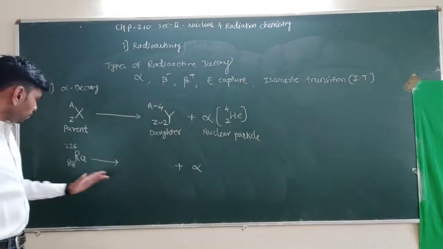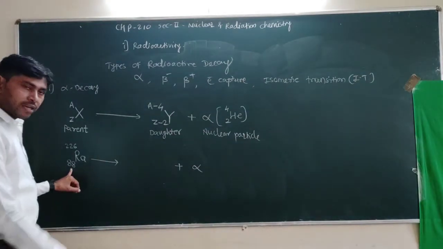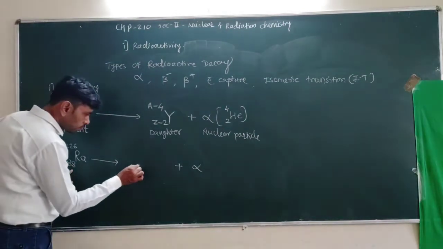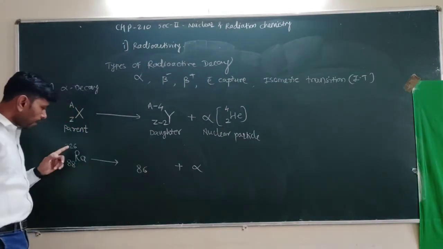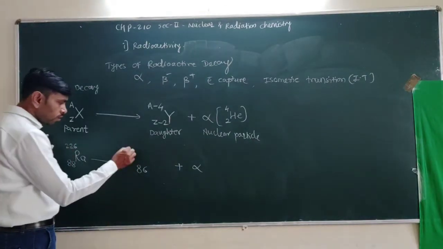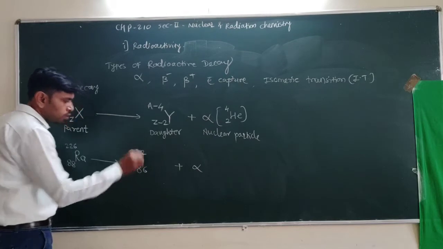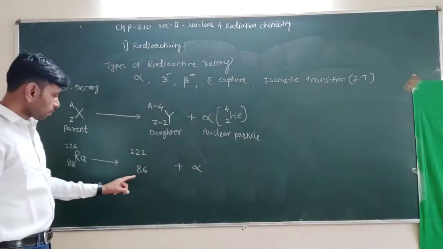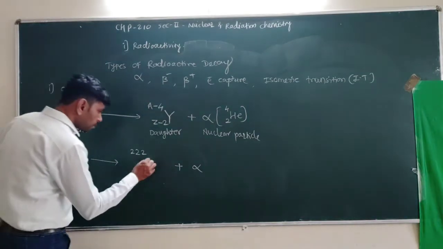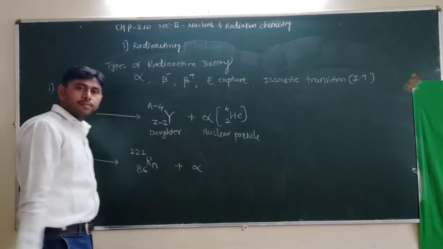That element has atomic number reduced by 2 units, so 86, and mass number reduced by 4 units, so 226 minus 4, 222. So the daughter element has atomic number 86 and mass number 222, and the element with atomic number 86 is radon.